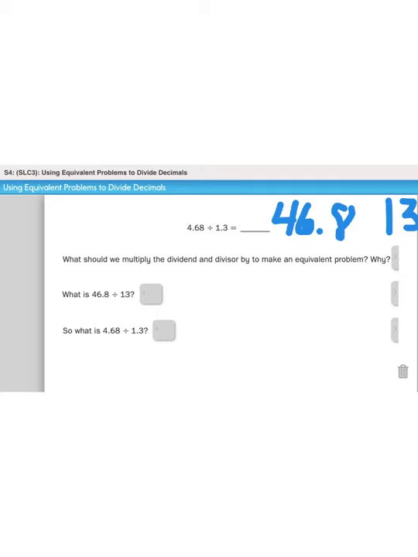Now, we have the equivalent problem 46 8/10 divided by 13. Now, this is a different kind of problem than what we just solved because our dividend still has a decimal in it. But remember that we already learned a method for solving division problems that have decimals in the dividend. So we're going to make an estimate to solve the problem as if the dividend were a whole number, and we're going to use that estimate to place the decimal point.